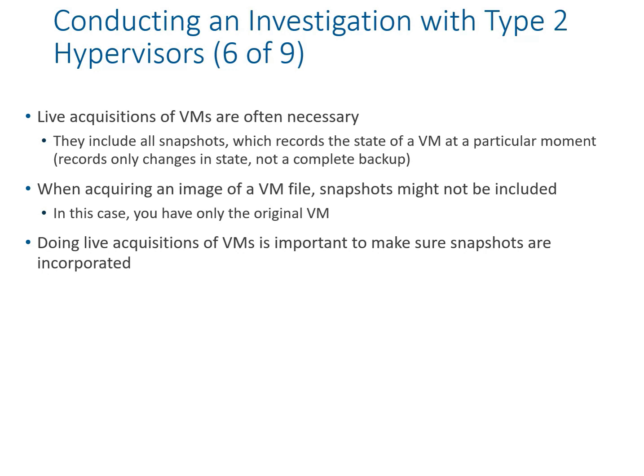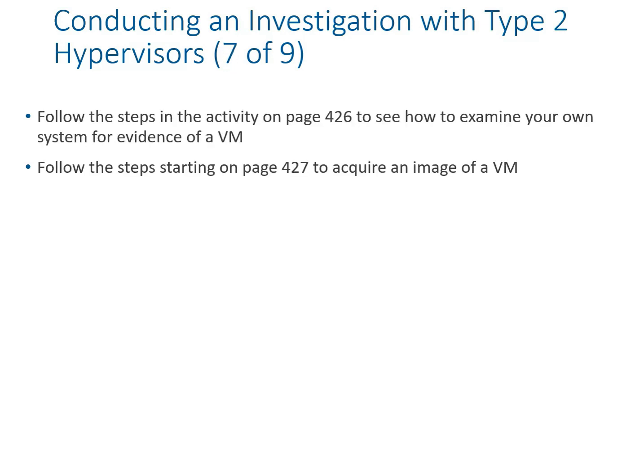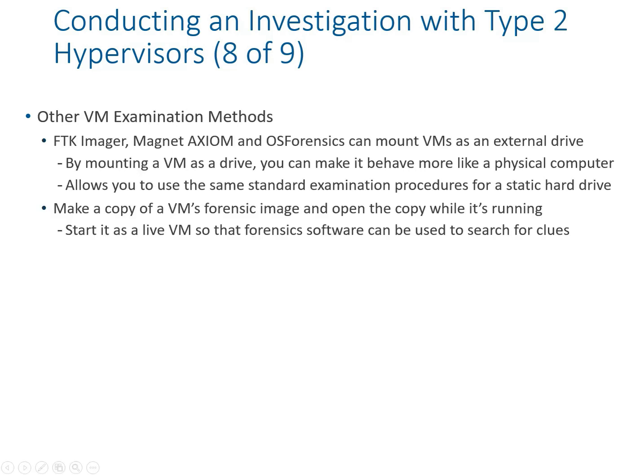In this case, you can have only the original VM and it would have all the details about the virtual machines which are running on it. Live acquisition of a VM is important to make sure snapshots are incorporated and appear in a sequential manner. Now they are saying that you can follow the steps in order to do the exercises in the book, and then conduct the investigation.